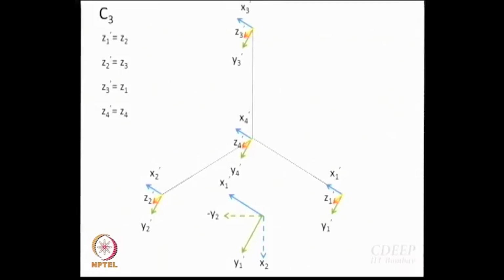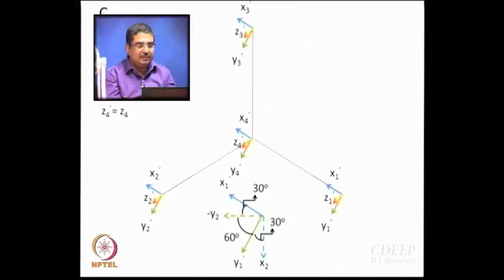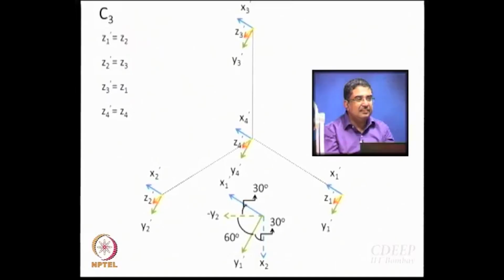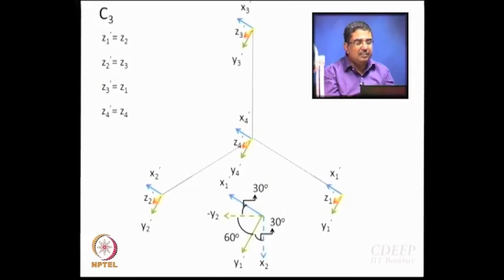So now what will be the angles between, say, X1 dashed and minus Y2, X2 and Y1 dashed? What will these angles be? These will be the angles. Angle between X1 dashed and minus Y2 is 30 degrees. That between X2 and Y1 dashed is also 30 degrees. And that between Y1 dashed and minus Y2 is 60 degrees.